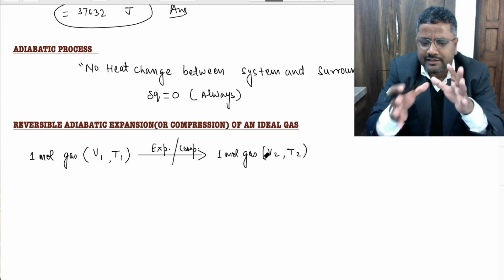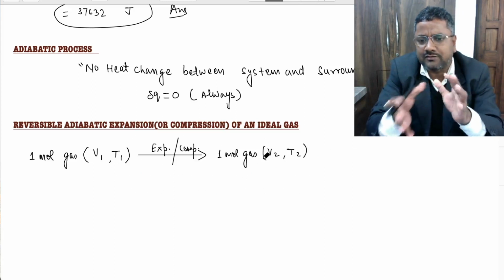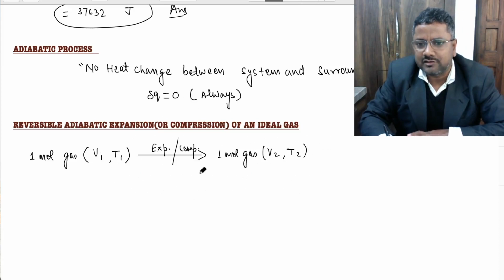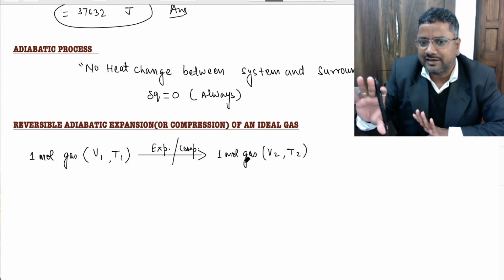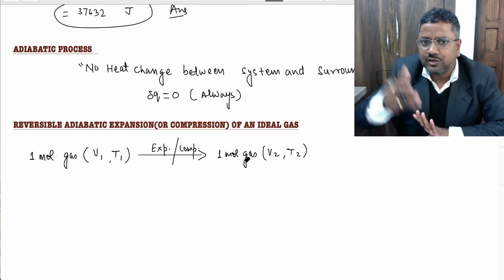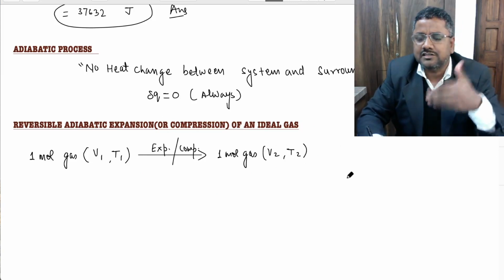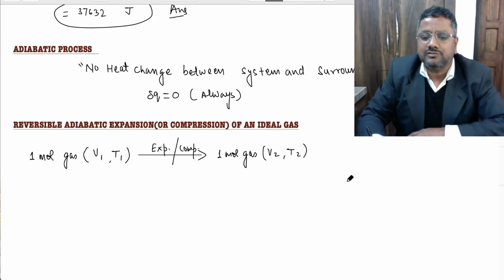So here we try to always express the state in terms of two variables. Although pressure is changing, remember, when a gas is expanding, volume is changing, pressure is changing, and there is no heat change between system and surrounding, so temperature is also changing. So this delta Q is equal to 0. This temperature change is basically the consequence of delta Q being equal to 0.